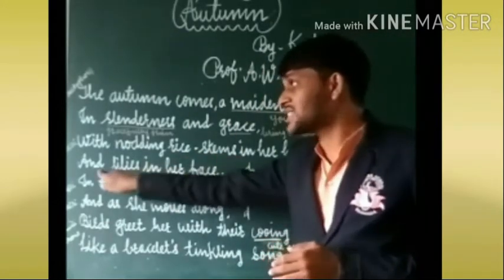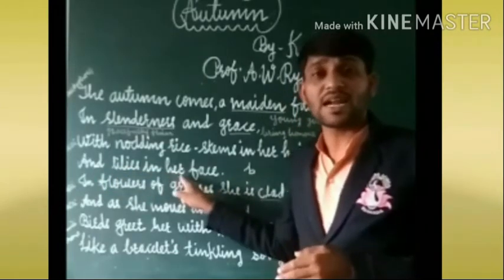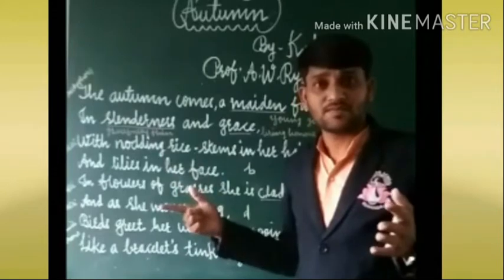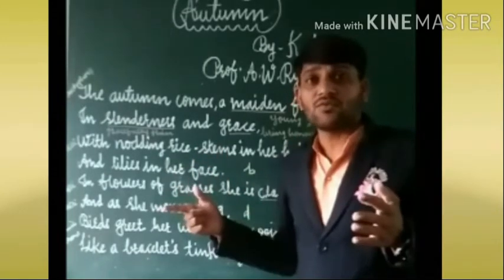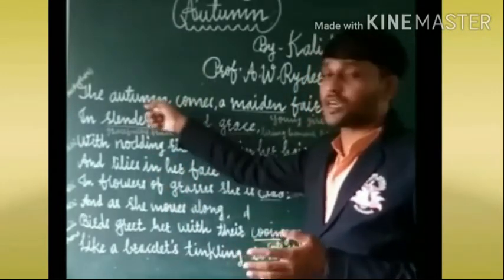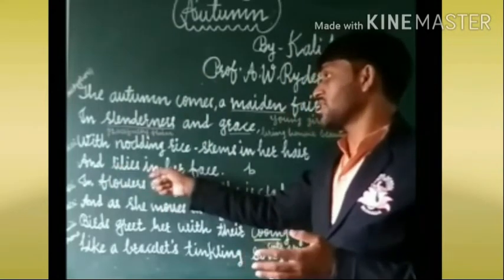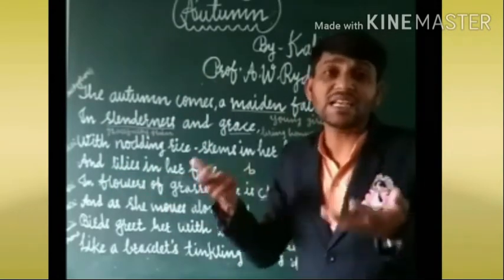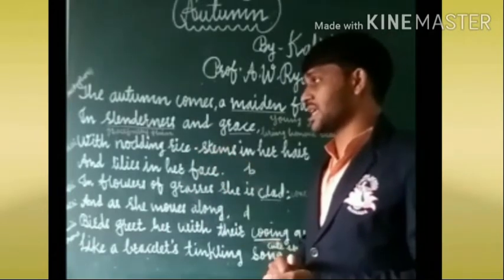And also she has lilies in her face, meaning there are colorful flowers which add beauty to nature, especially in the autumn season. So we can see the lilies in her face, a smile in her face, like the poet wanted to say here.